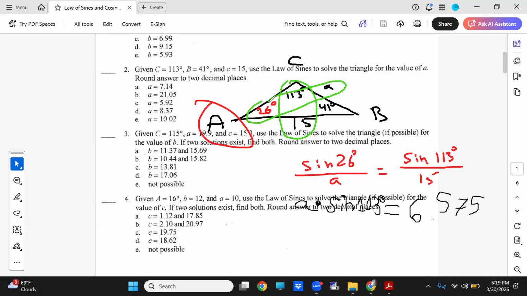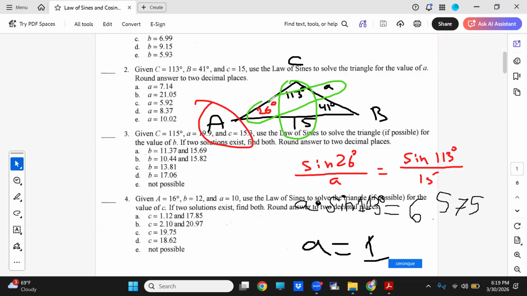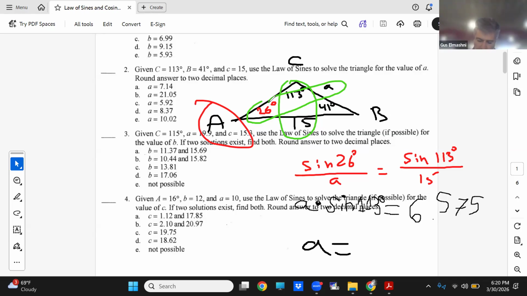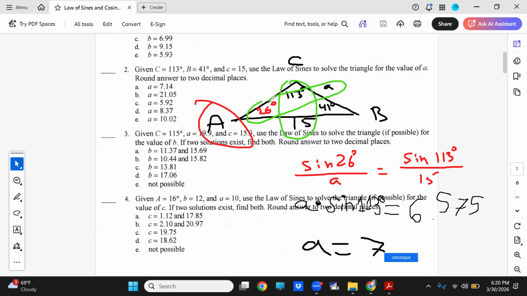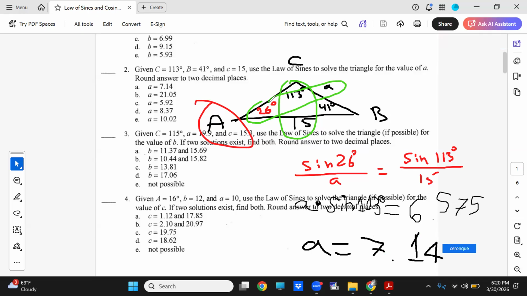Okay, so 6.575 is divided by sine 113. And I get that A is equal to 197.142, and so on.